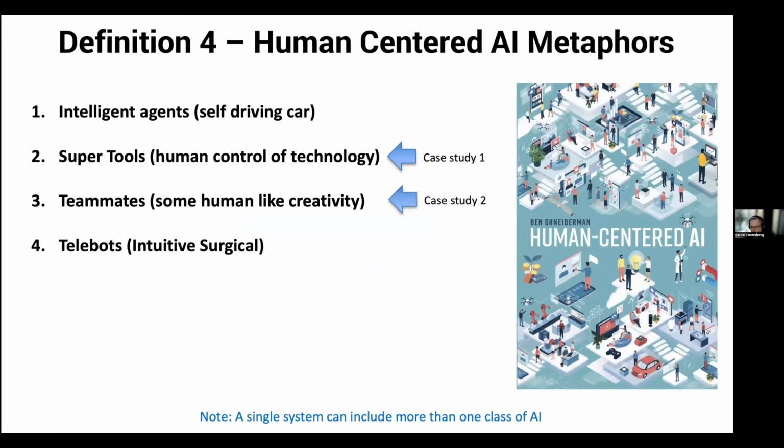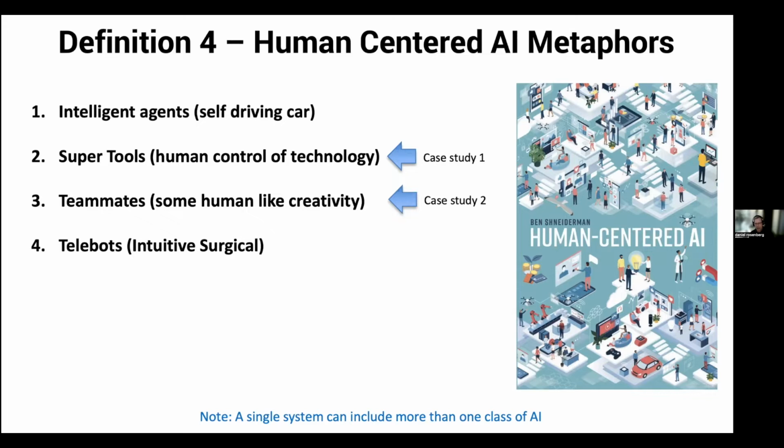And finally, I want to borrow from Ben Shneiderman's new book that just came out a few months ago on human-centered AI. And he has a set of definitions that I think are also helpful to get your head around this whole space. And he talks about AI metaphors. So he defines 4 classes of AI metaphors. Intelligent agents, like the self-driving car, is a robot. Super tools, which is human control of technology, but using artificial intelligence.